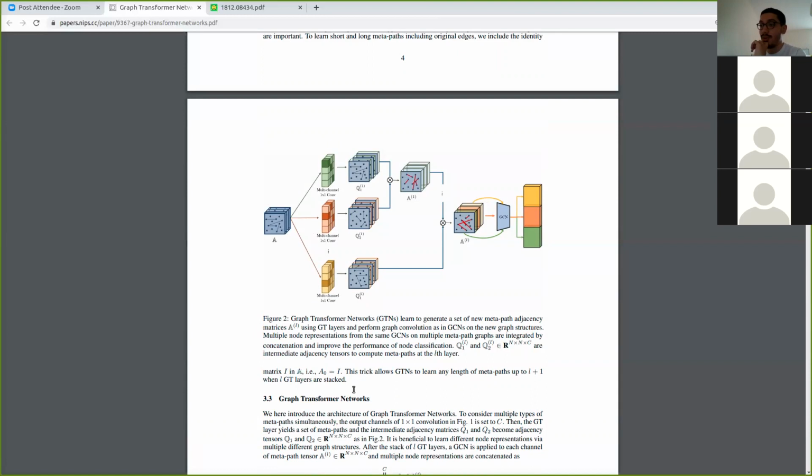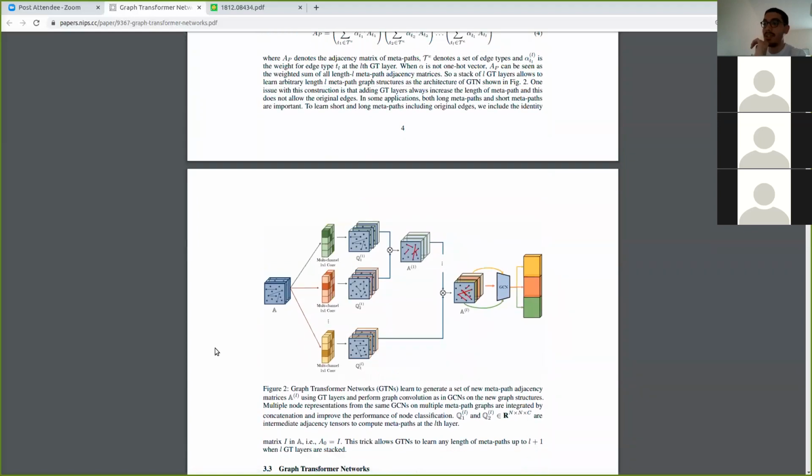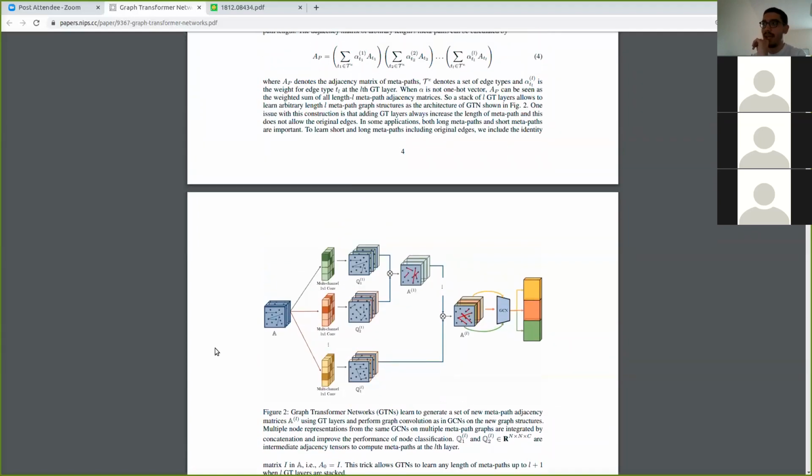To be honest, I'm not actually sure why this is done. I'm not sure I'm convinced, but I can read their justification, which is that it allows for the inclusion of original edges, original connections in the graph.